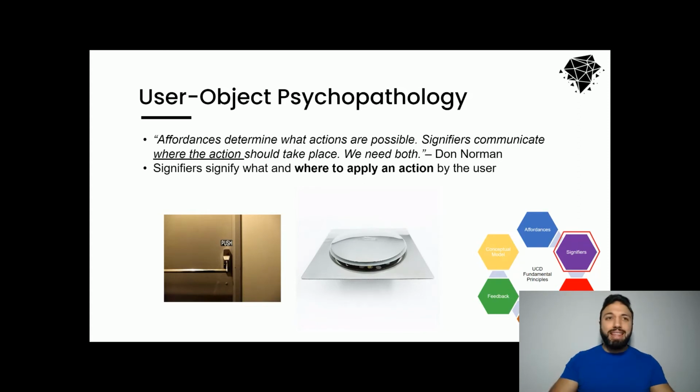So the second thing is signifiers. Don Norman again perfectly explained it. He said, affordances determine what actions are possible. So if the chair is light, I could lift it. But having a handle on the chair, in the back, where it clearly indicates where I could put my hand, that's a signifier.